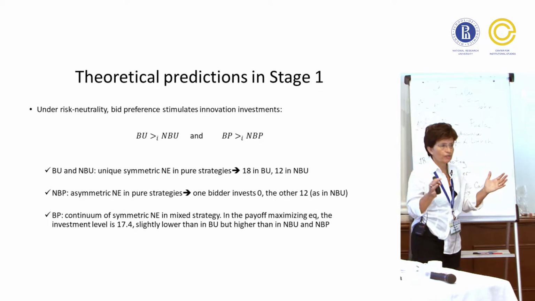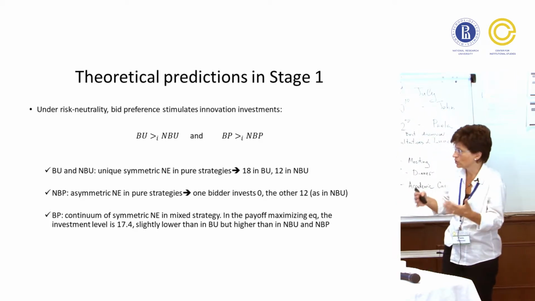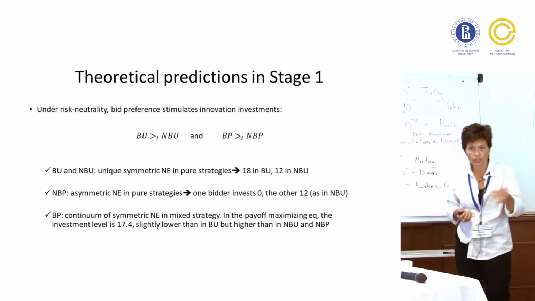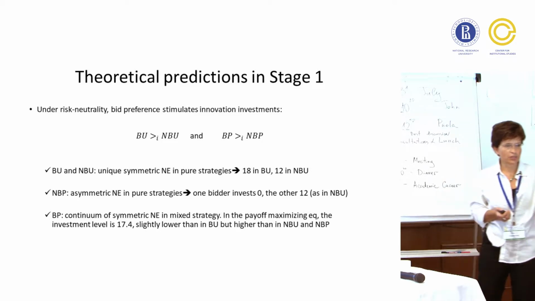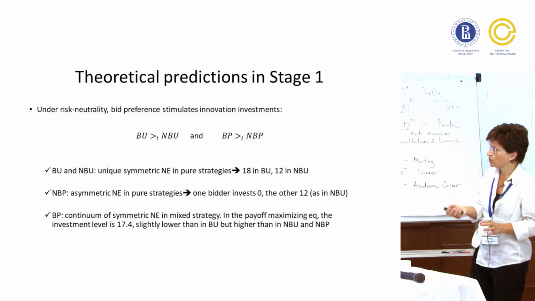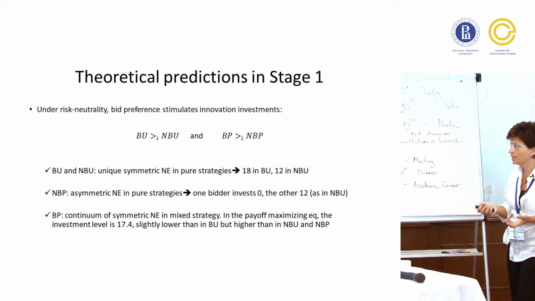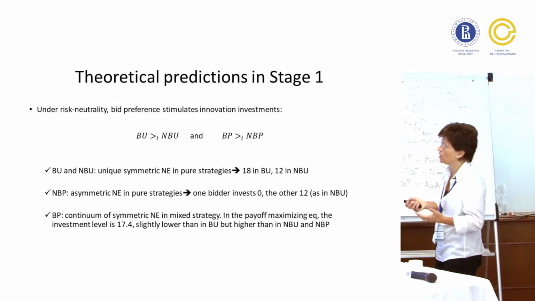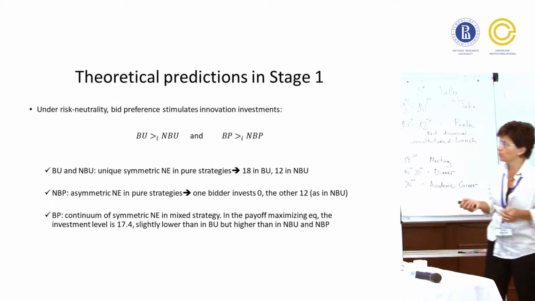What we have to show here is what the theory could predict with respect to the setting that we mimic with the experiment. We assume risk neutrality and bid preferences, so having the bonus will stimulate innovation.